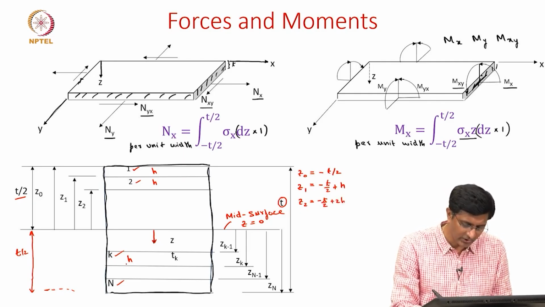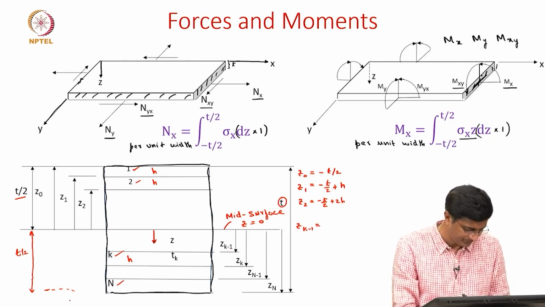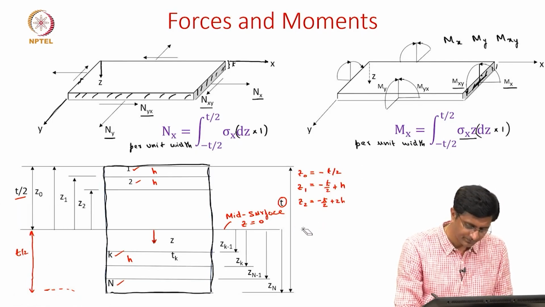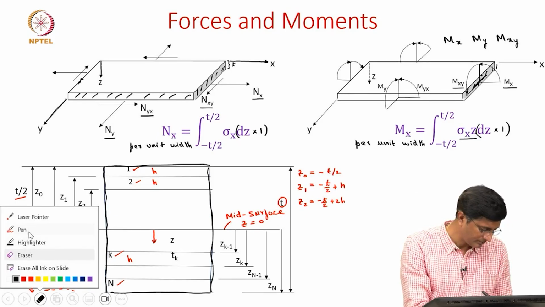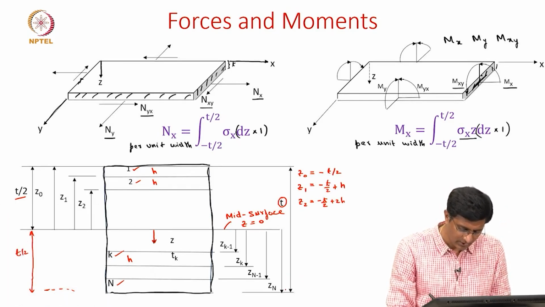And similarly for the kth layer, we can write Zk minus 1. So in this fashion we should be able to write the bottom of this laminate. This will be Zn equals T by 2.